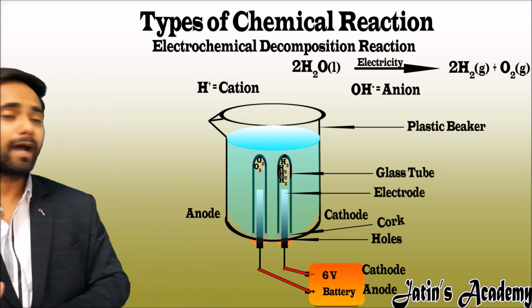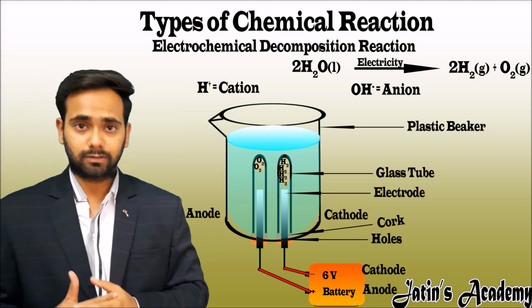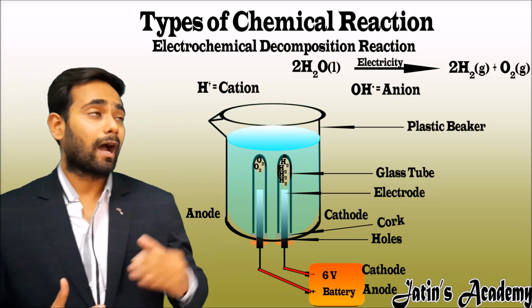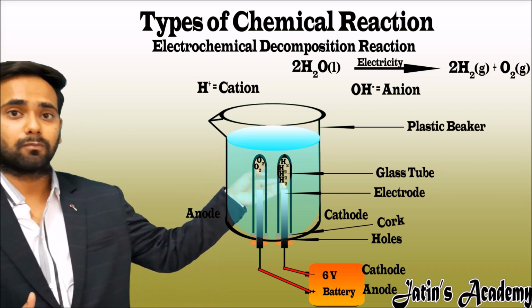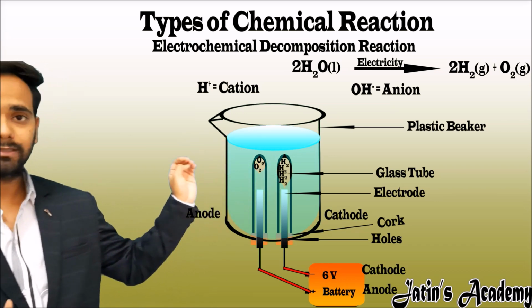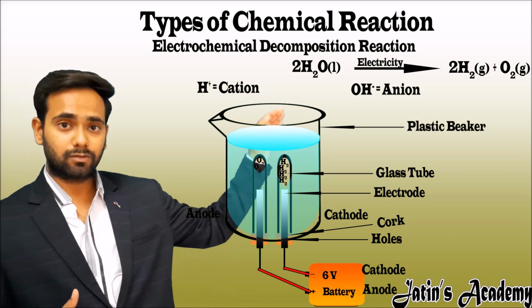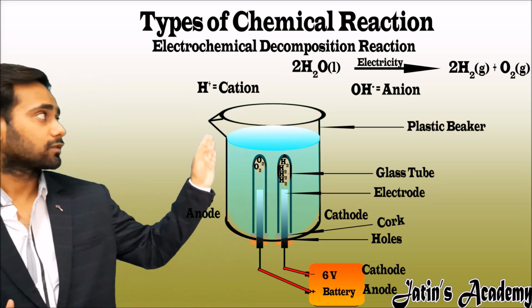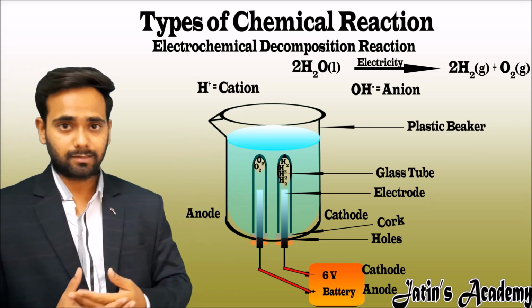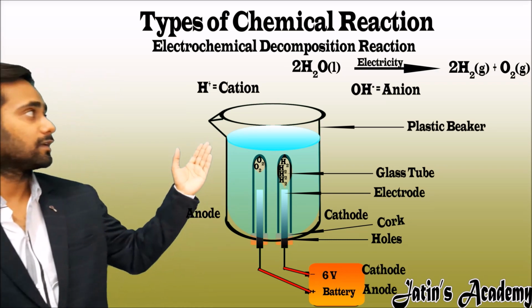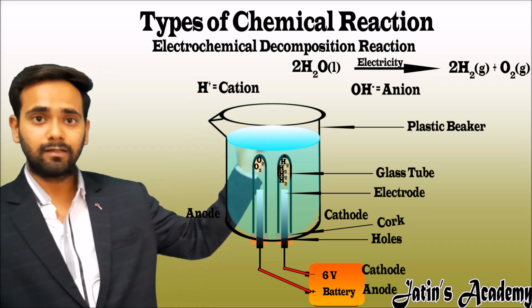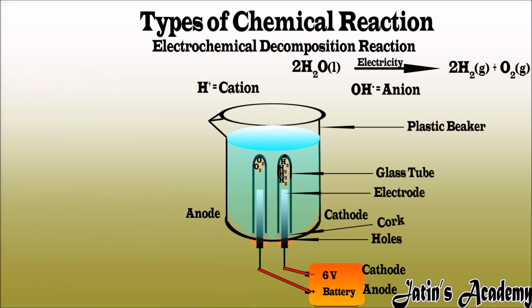You may see that hydrogen atoms are more than oxygen atoms. So more hydrogen gas is produced and less oxygen gas is produced. When more hydrogen gas is produced, more water is displaced, and when less oxygen gas is produced, less water is displaced. You may see the level in the test tubes also.